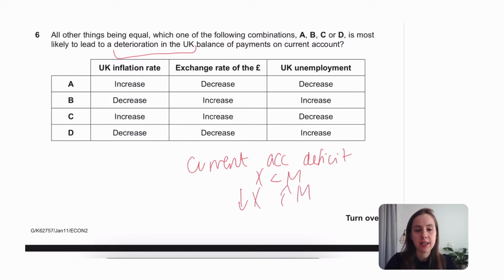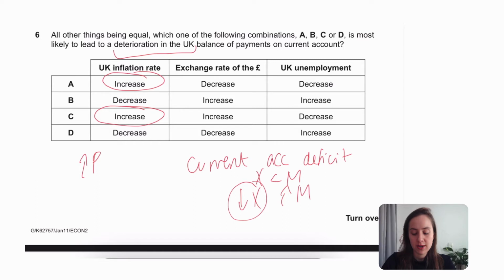If UK inflation is high, UK prices are high, that means we're going to sell fewer goods because to the rest of the world, our goods are getting more expensive, so they're less likely to buy. More inflation is going to harm our exports, which is what we want. So I'm looking for an increase in inflation.